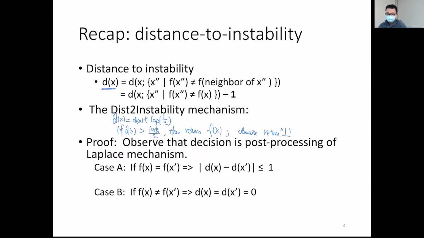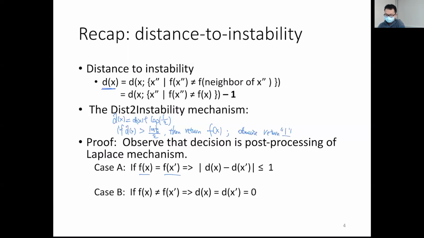So in the distance to instability, we'll just discuss two cases. The first case is when the two neighboring data sets happen to have the same value f of x. Then all we know is that their distance to instability changes by at most 1.